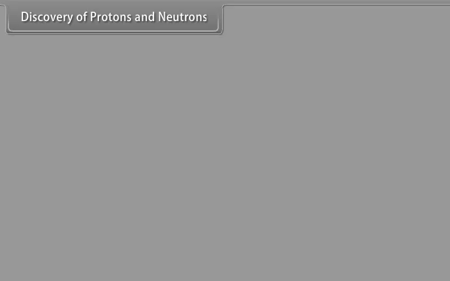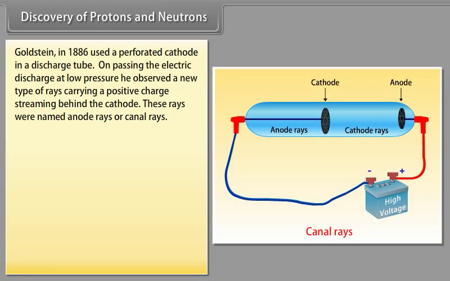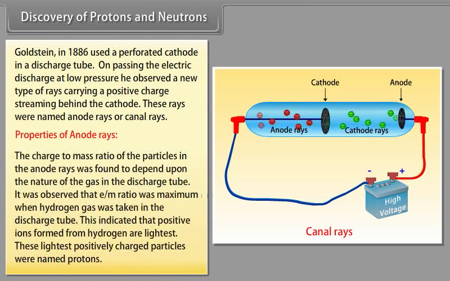Discovery of protons and neutrons. Goldstein in 1886 used a perforated cathode in a discharge tube. On passing the electric discharge at low pressure, he observed a new type of rays carrying a positive charge streaming behind the cathode. These rays were named anode rays or canal rays. Properties of anode rays. The charge-to-mass ratio of the particles in the anode rays was found to depend upon the nature of the gas in the discharge tube.